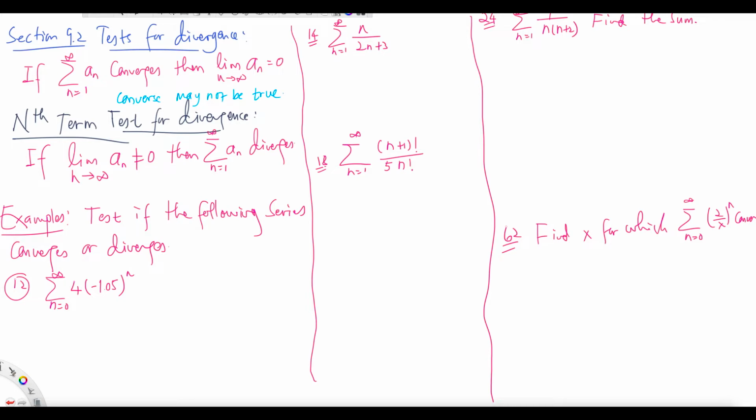Also, we introduced the geometric series. That means the series where the ratio of successive terms is the same is called a geometric series, and that ratio between any two successive terms, if they are equal, we denote by r, and it is called the common ratio, okay?